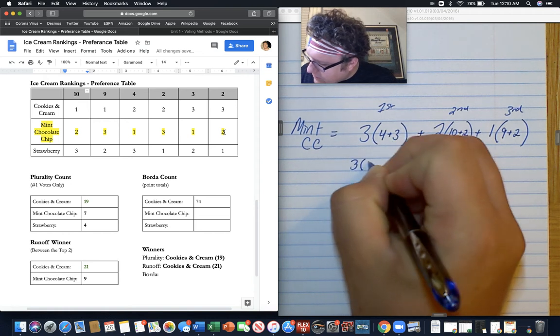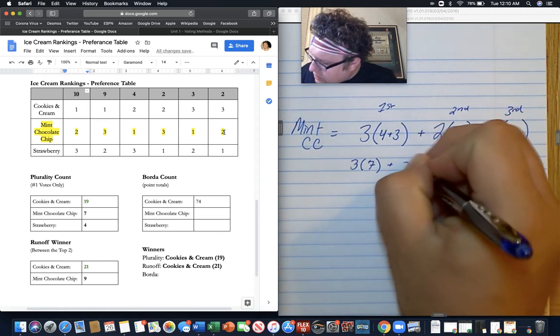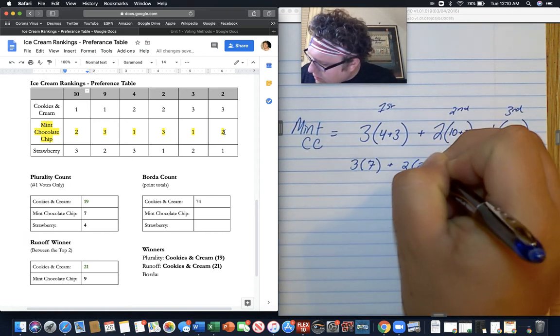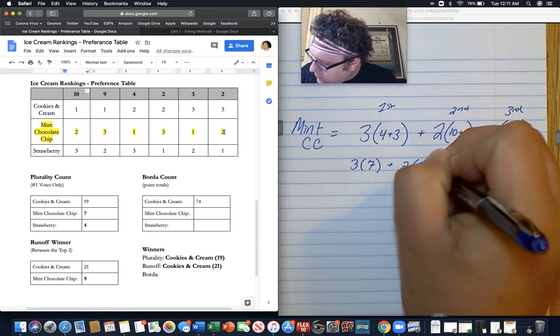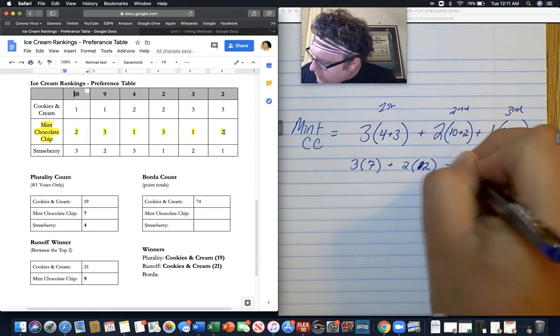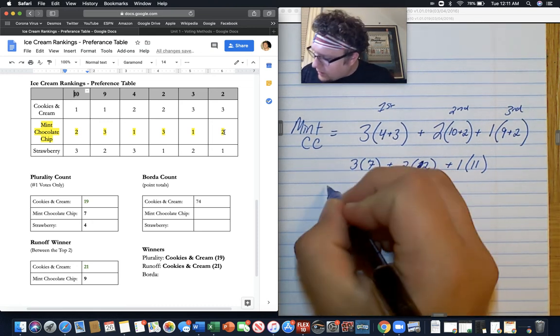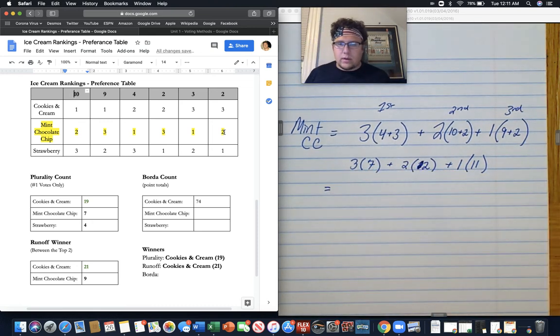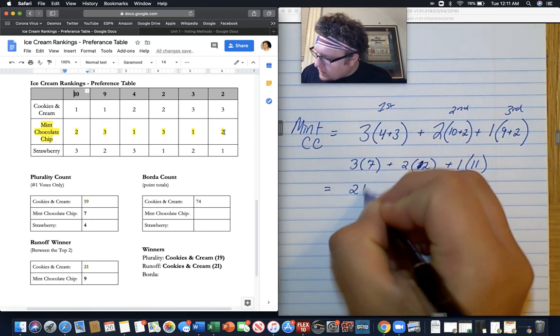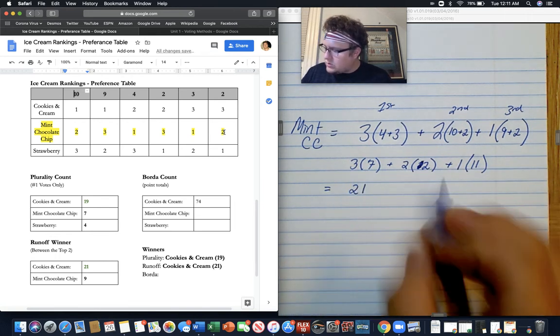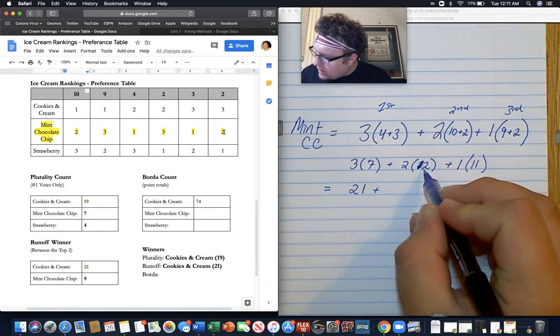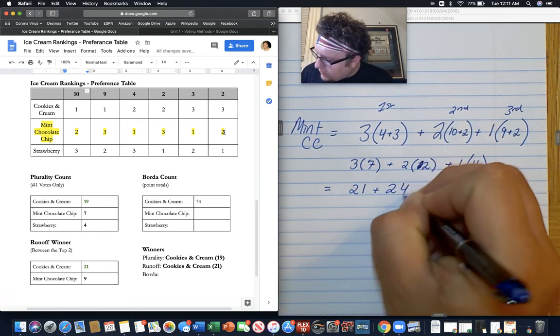Now 3 times 7 plus 2 times 12, and then plus 1 times 11. Okay, so we're calculating the Borda total for mint chocolate chip. We see 21. 3 times 7 is 21. Then 2 times 12 is going to give us 24.